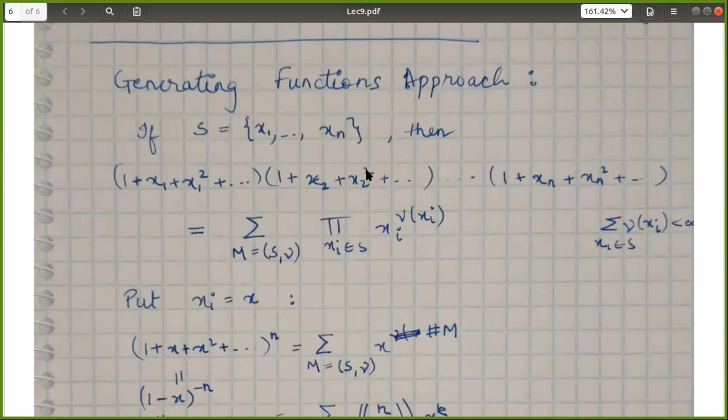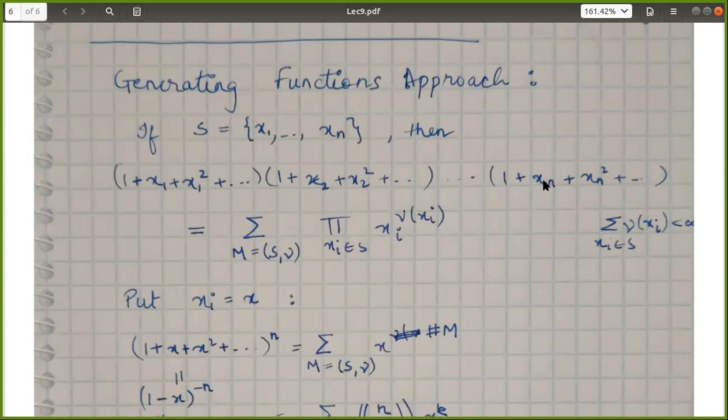So x2 square is nothing but x2 raised to this particular number for this particular m. So when you expand this out, only one of the terms will be 1 and the rest will be monomials in x1, x2, ..., xn, right? And each of these monomials can be expressed in this fashion for some nu.